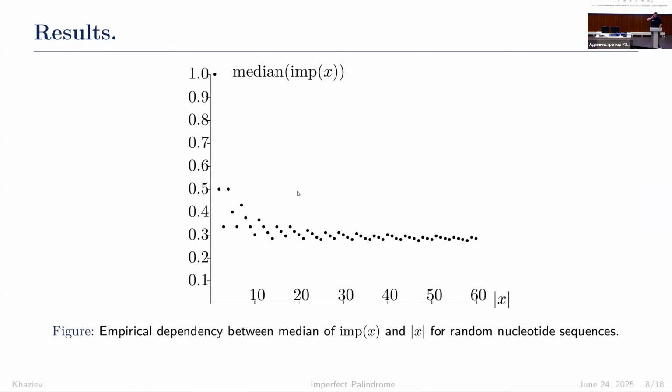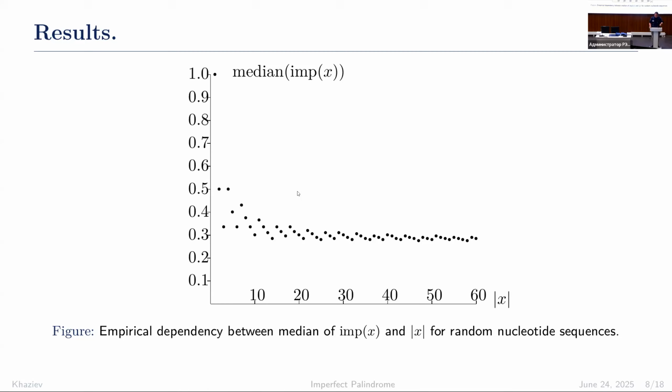We also computed the empirical dependency between the median of imp of x and the length of x for random nucleotide sequences. We need to compute it with random sequences because 4 to the power 60 is a pretty large number of sequences, and we can't compare them all.